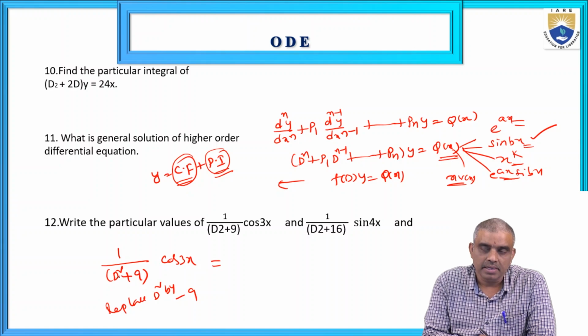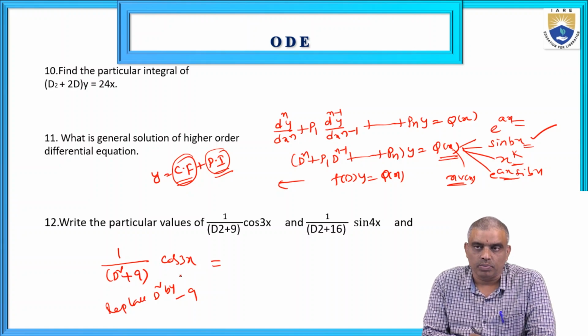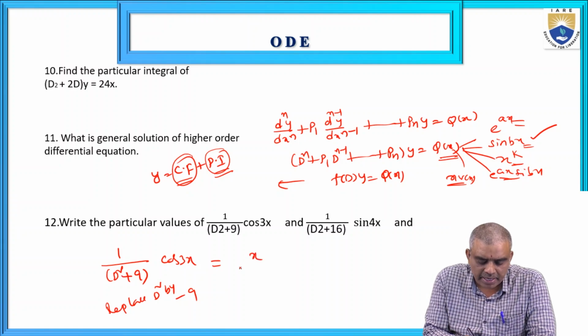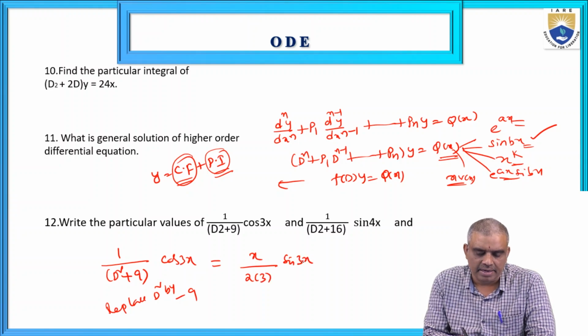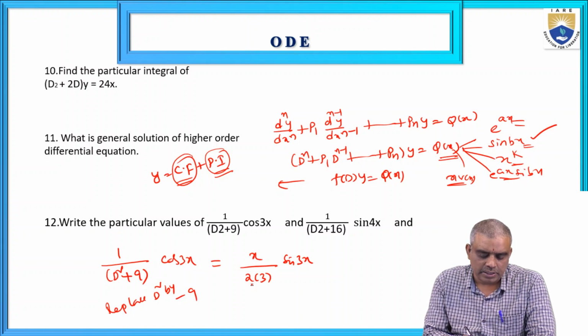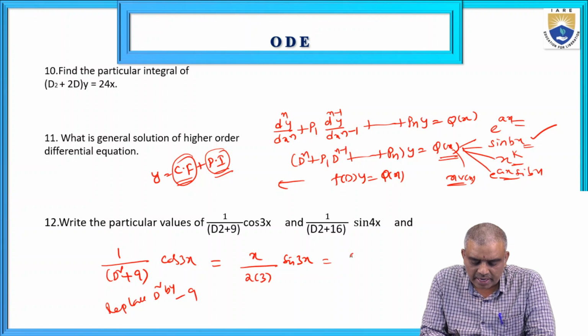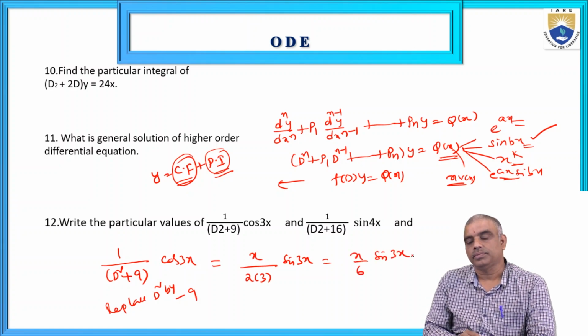If you substitute minus 9, it will be 0. So the formula will be x by 2b sin bx. The integral of cos gives sin. b square is 9, so b is 3. So the value is x by 6 into sin 3x.